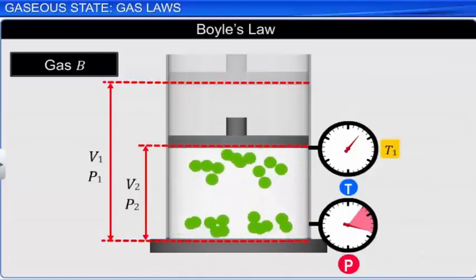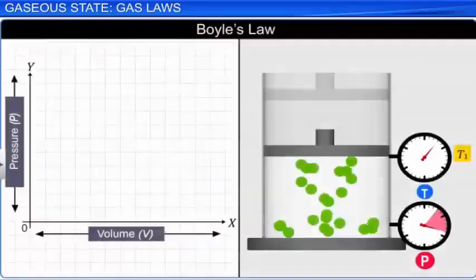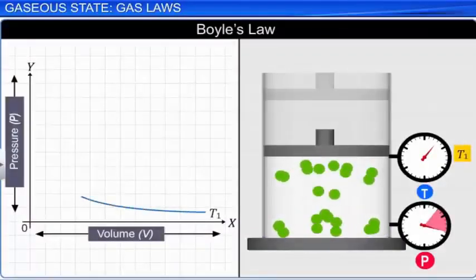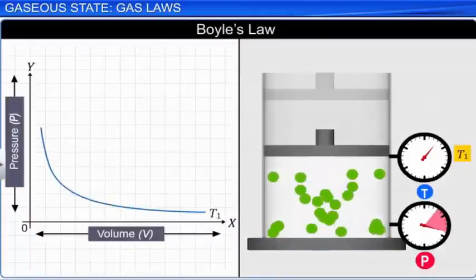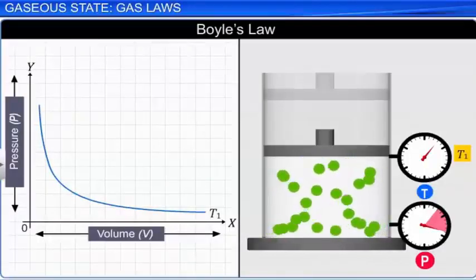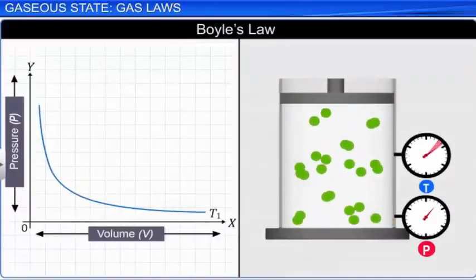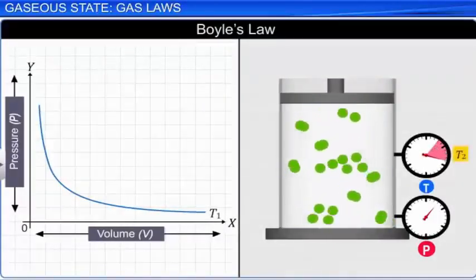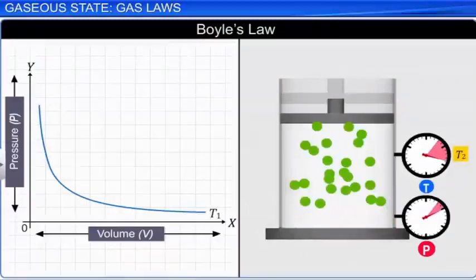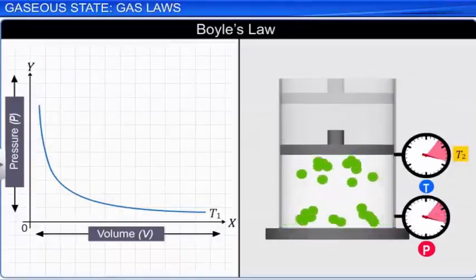If we plot this variation of pressure versus volume on an XY graph, we get the given curve. Let us now change the temperature of the gas to T2 and repeat the same process by keeping the temperature constant at T2. In this case, if we plot the variation of pressure versus volume, we get a different curve.